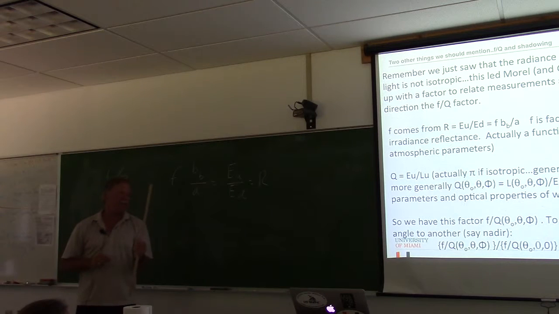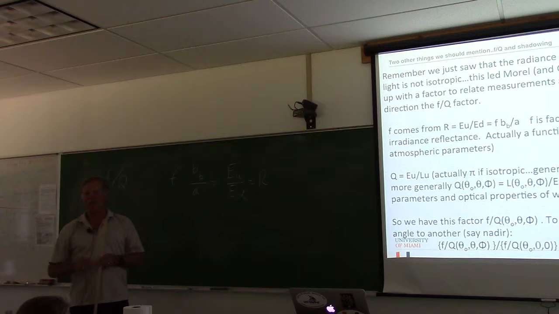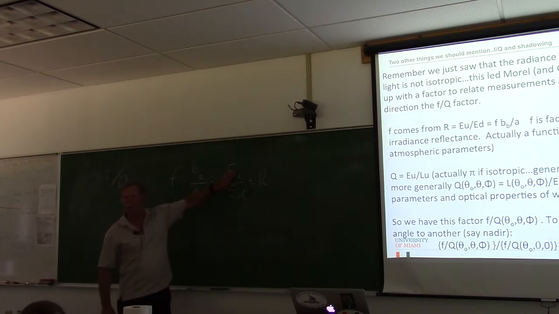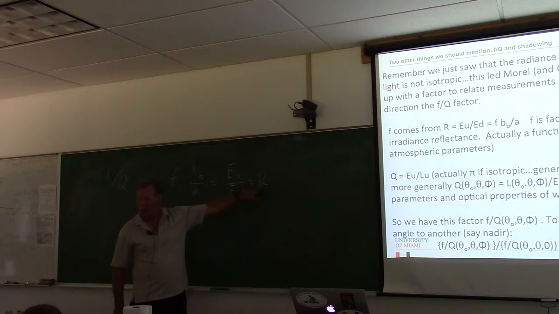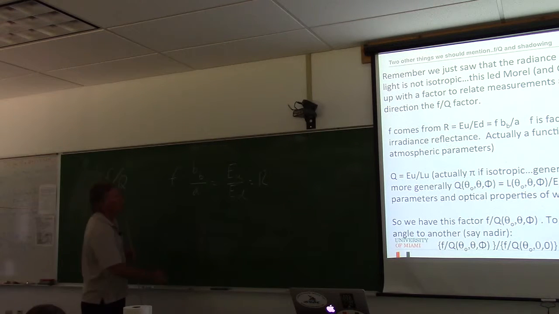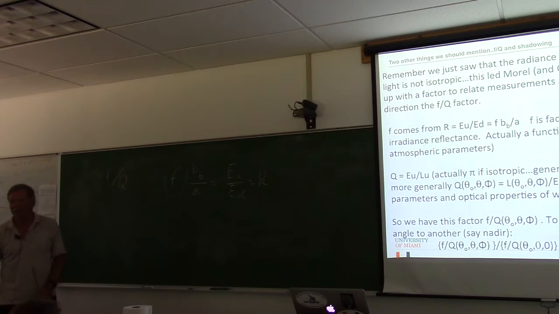You could flip that same detector over and do another profile. And so this thing would be independent of calibration errors to a certain extent, okay? And so they like to measure this irradiance reflectance. And you could use this F factor to relate the backscattering divided by absorption to this irradiance reflectance, okay? So that's an F factor that they did.